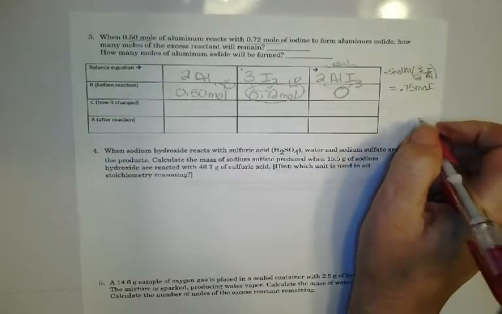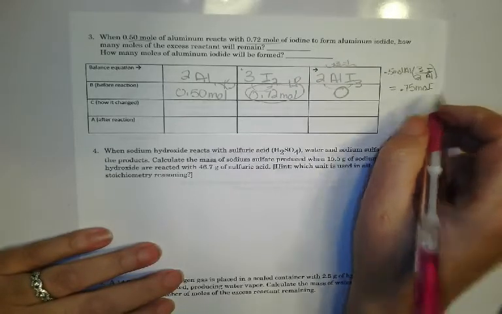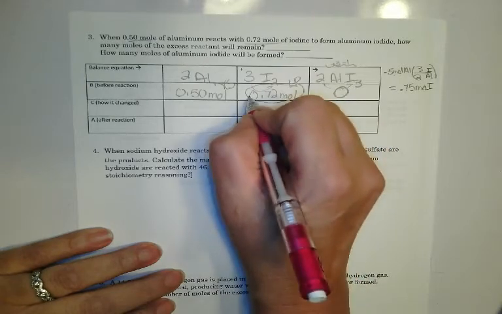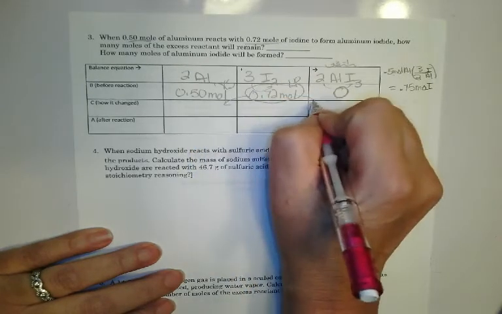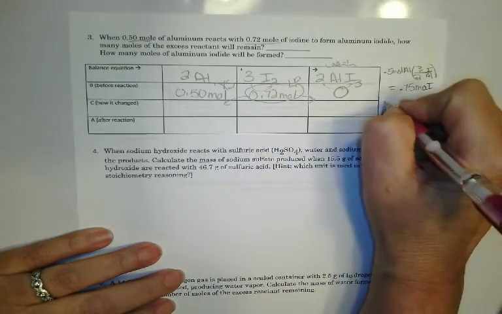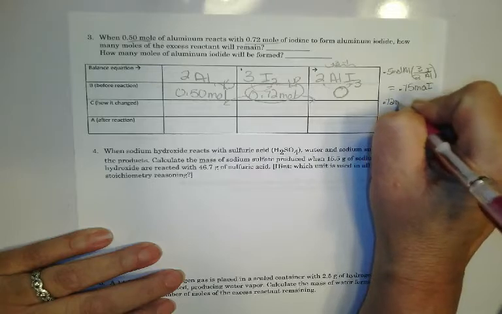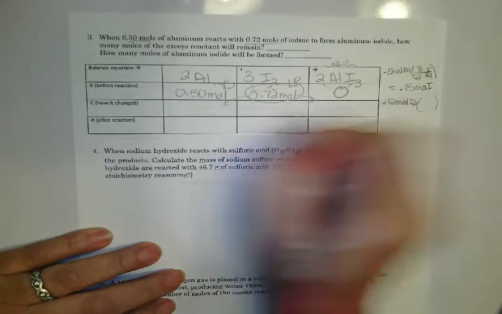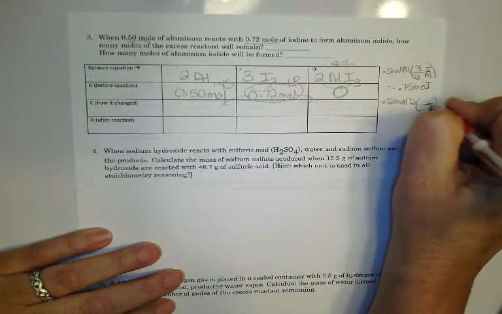Okay, so how much am I going to use up? I need to use this number to calculate these guys. So we are now going to start with 0.72 moles of iodine, and I need to figure out how many moles of aluminum.